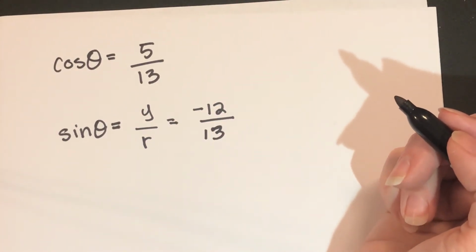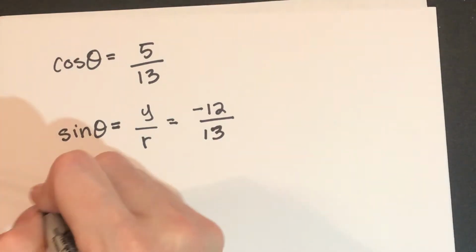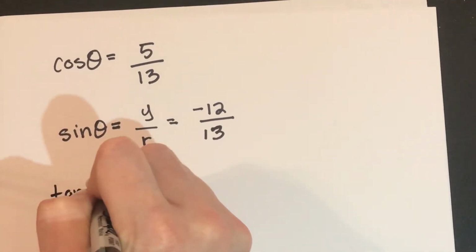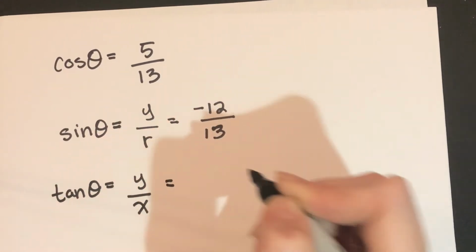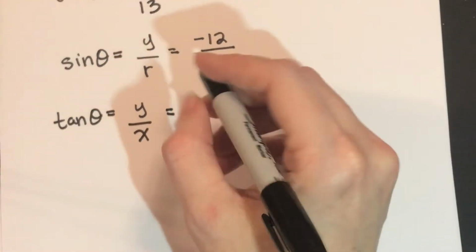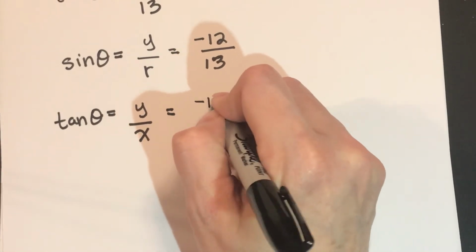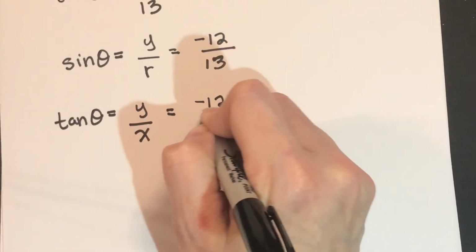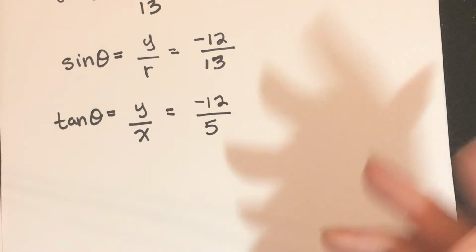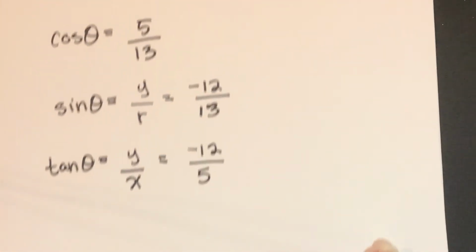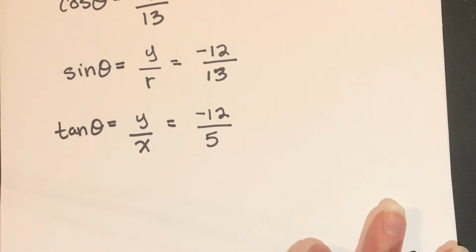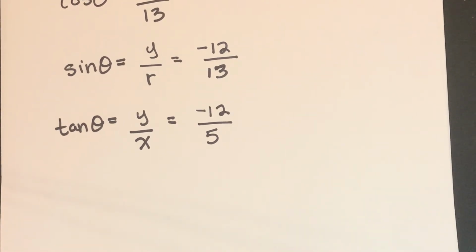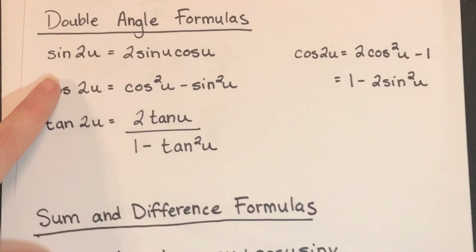And then tangent is y over x, which is negative 12 over 5. Now we have these building blocks, and now we'll go to our formulas here. So we can just start at the top.